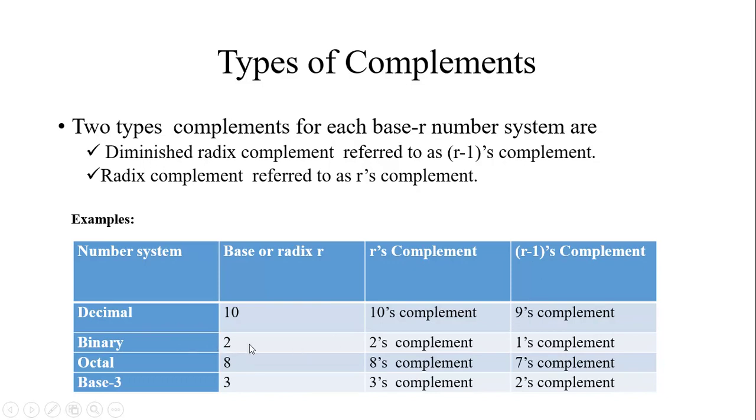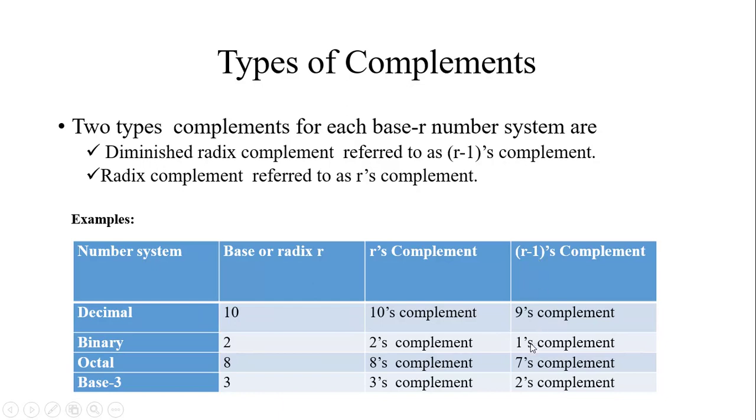The base or radix of the binary number system is 2. So the Radix complement in the binary number system is 2's complement, and the diminished radix complement in the binary number system is 1's complement, because R minus 1, 2 minus 1, is 1.